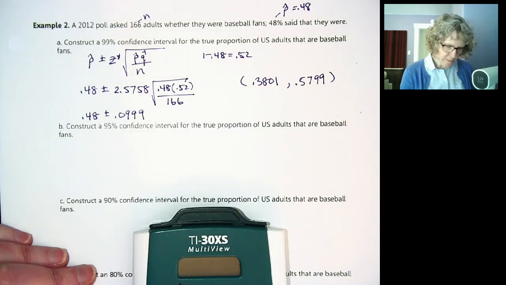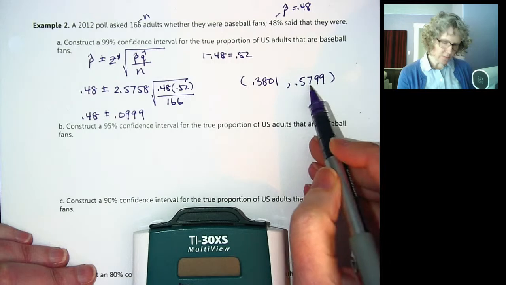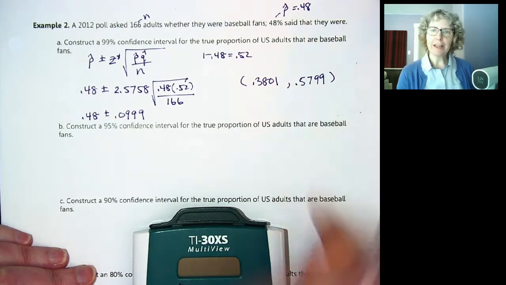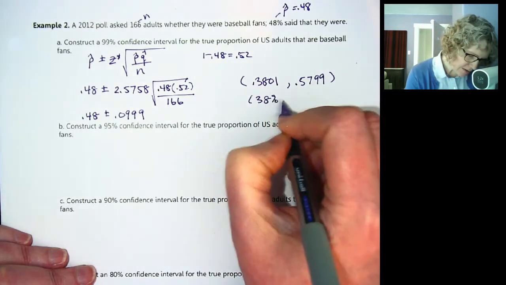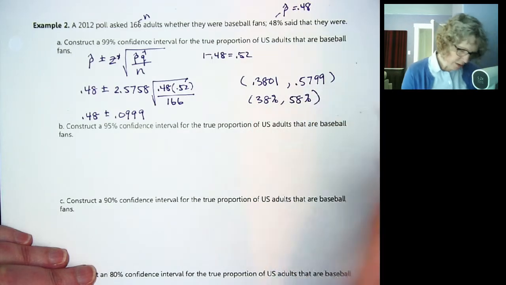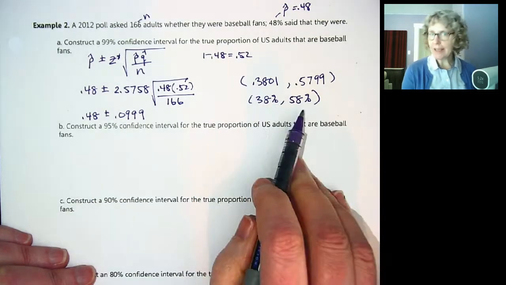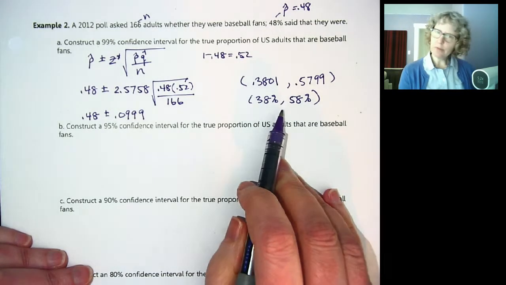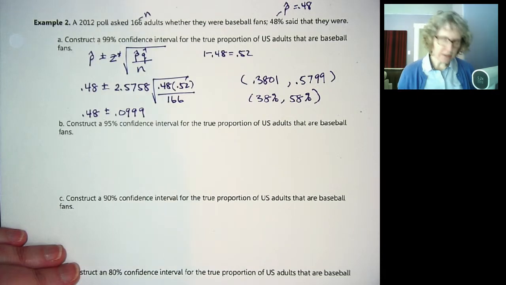Okay, so that's saying about 38% to 58% if I round those. That's quite a big range, isn't it? 38% to 58%. Well, that makes sense. Our margin of error is about 10, so this is about plus or minus 10, or a width of 20 percentage points. Okay, so you might wonder, why is that so big? Let's keep going and we'll talk about that at the end.